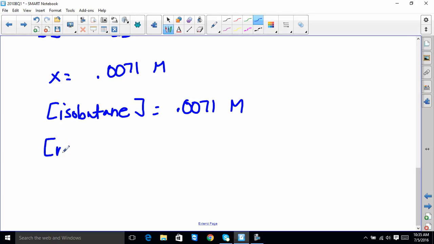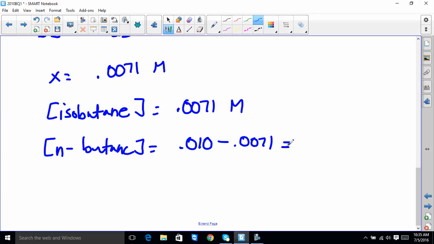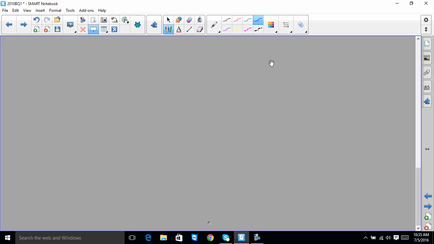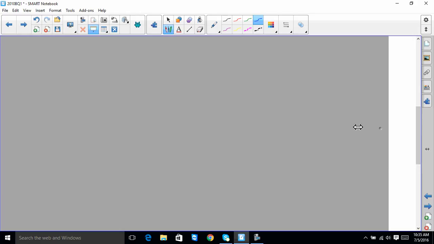But the concentration of the n-butane is 0.010 minus X. And if you do that on your calculator, and this has 3 decimal places and this has 2, the best answer is 0.003. Sorry, I said that wrong. I have no idea what I just did there. All right, let's go up here. Oops, I know what I did. I shaded this.